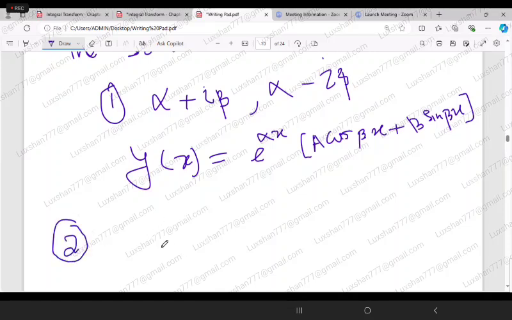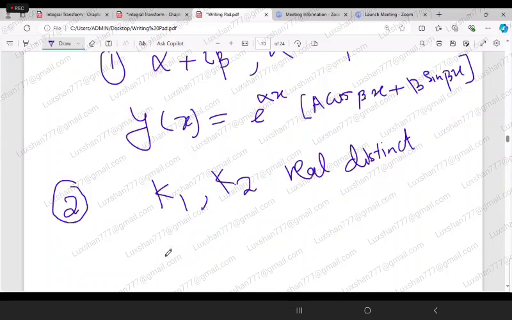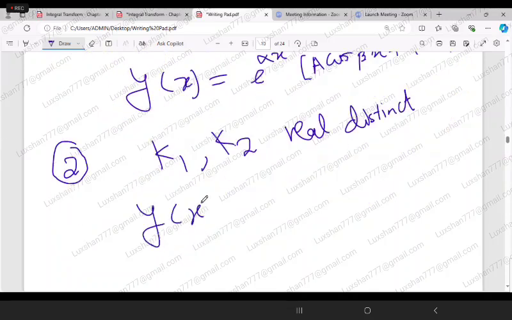Now, when you have two distinct solutions, k1, comma k2, two real distinct solutions, distinct means different, then what is the complementary function? y(x) equal what? Please tell me quickly.